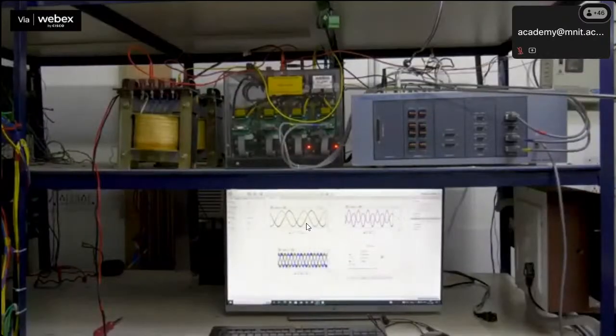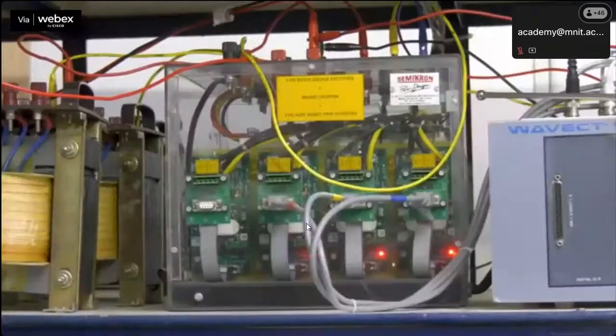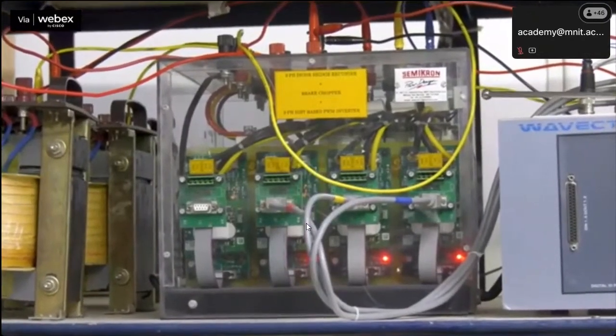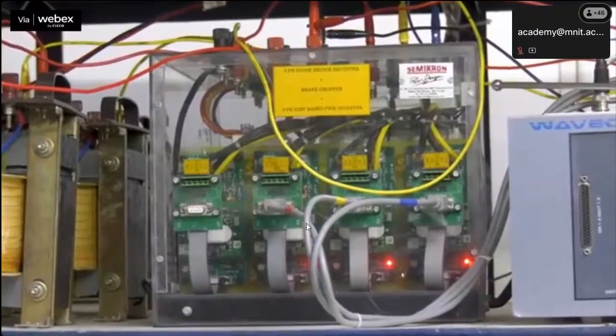The battery emulator is combined with a regenerative AC to DC converter designed to mimic the behavior of real batteries. The next component is a bidirectional converter with an output rating of 18 kVA.